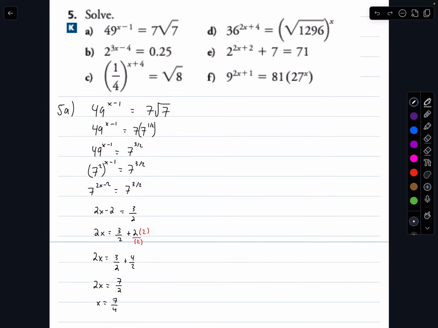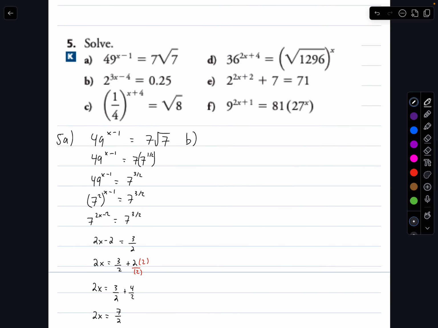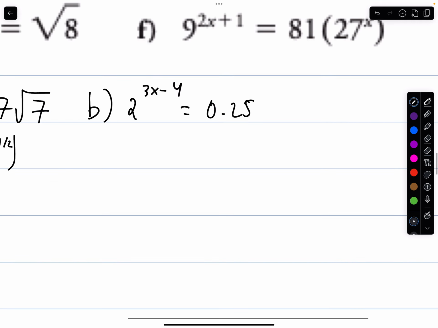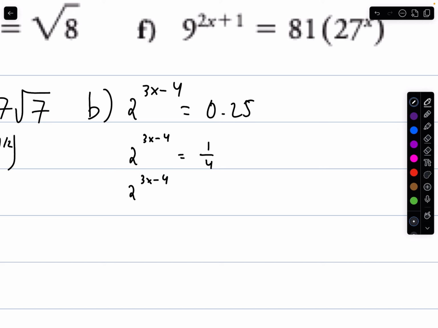Let's look at part B. 2 to the 3x minus 4 is equal to 0.25. Now this is interesting because they gave you a decimal in this one. So you got to use your brain here. If you have a decimal, I know that 0.25 is the same thing as saying 1 over 4. 1 over 4 is the same thing as saying 4 to the negative 1. 4 is a base 2.